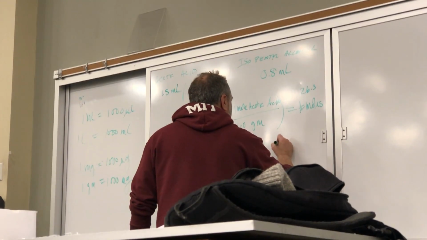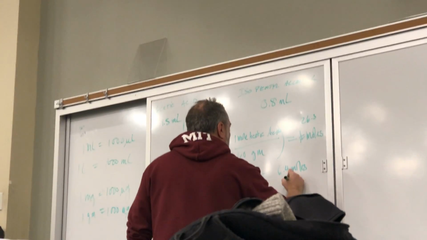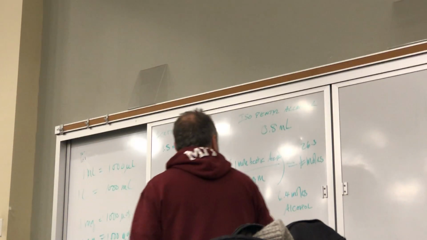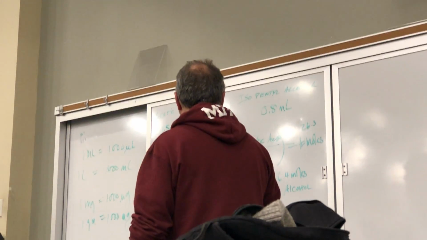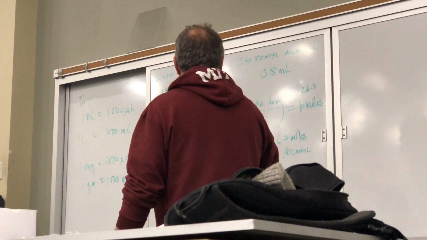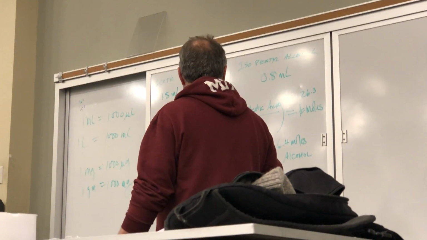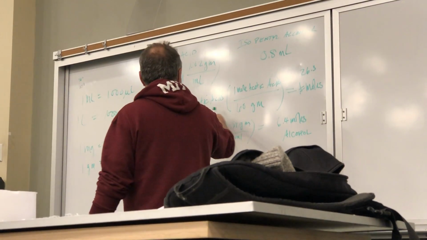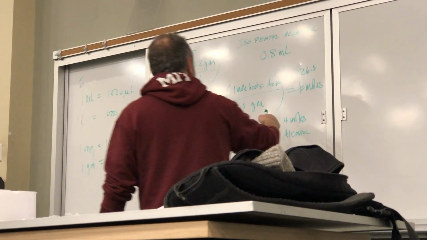Yeah, we'll make it that. 6.4 moles of the alcohol. Is that right, or am I off? All right, well, we'll pretend that. So 26.3. That's the number of moles of the acetic acid.